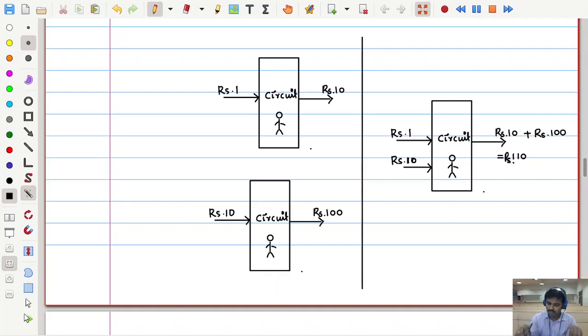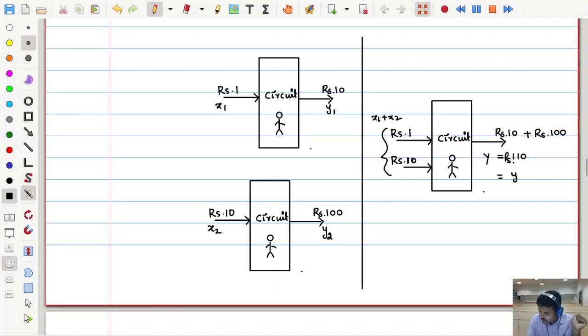So this is the input x1 and this is the output y1. This is the input x2 and this is the output y2. Now if I give x1 plus x2 combined to this person, some output y will come. How much is this y?